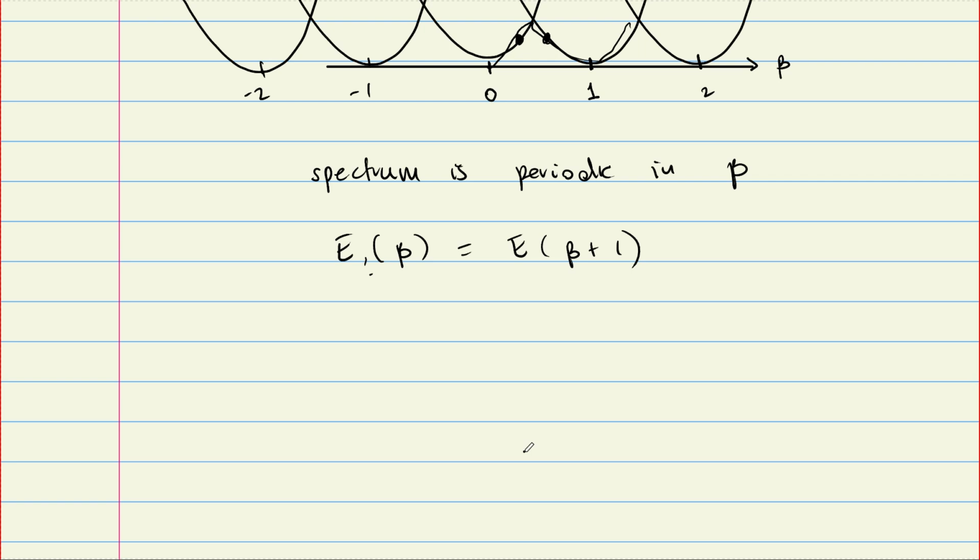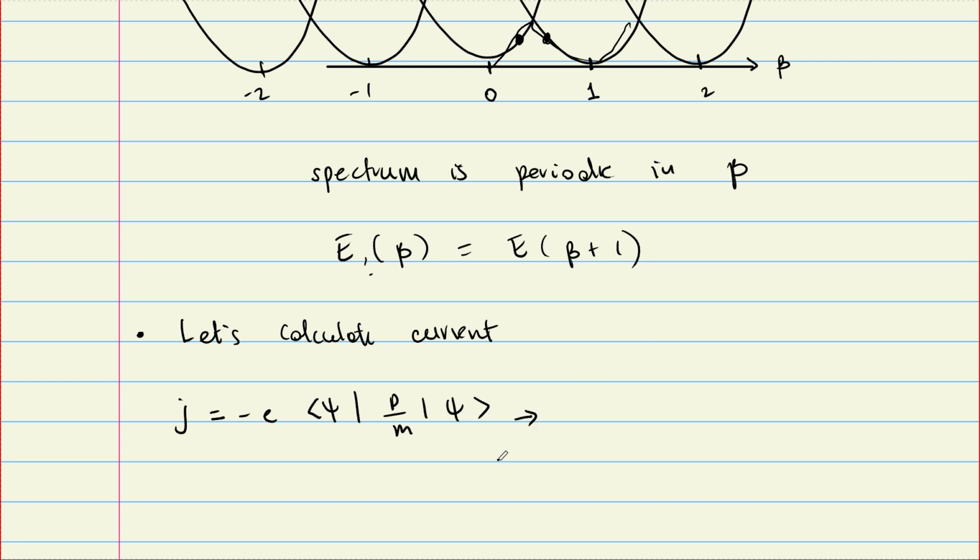So we can calculate the currents. Let's calculate the current. So J is by definition minus e psi star P over m psi.